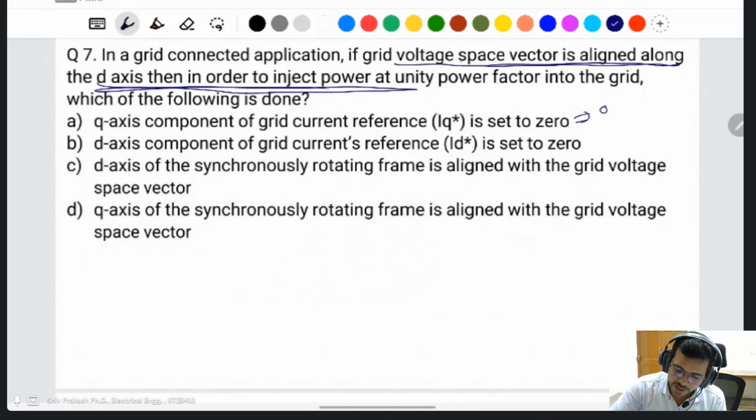If you take IQ as 0, then VQ will be 0 because this is given as the aligned system.